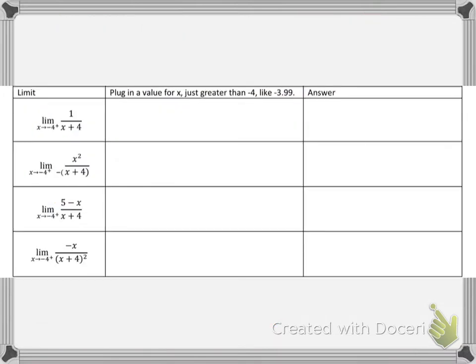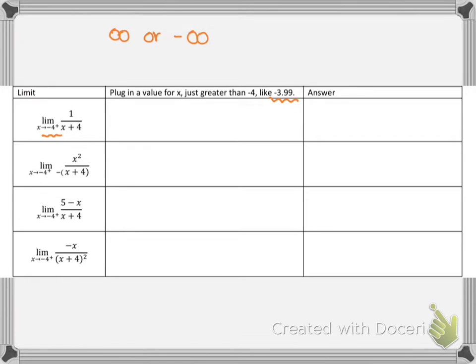Okay, so now we're going to be finding limits at vertical asymptotes. And as you know, the limit is either going to approach infinity or negative infinity. We just have to check the signs. Now we are approaching an x value of -4 from the right-hand side. So we're going to pick a number a little bit greater than -4, like -3.99.